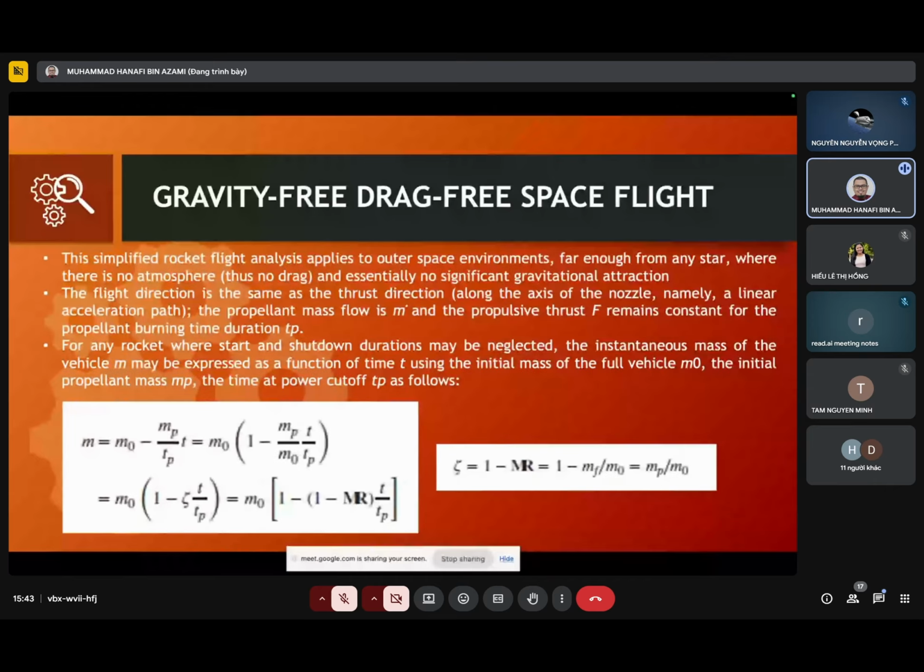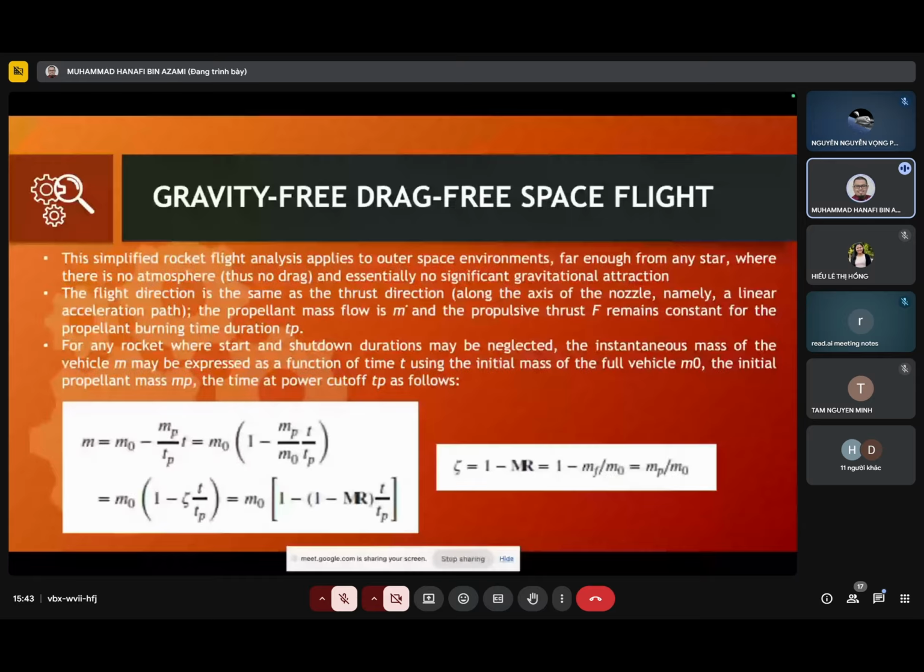If you are using liquid fuel, you can throttle, and again the changes in altitude will change the ambient pressure, P ambient. So when ambient pressure changes, you cannot have a design condition.